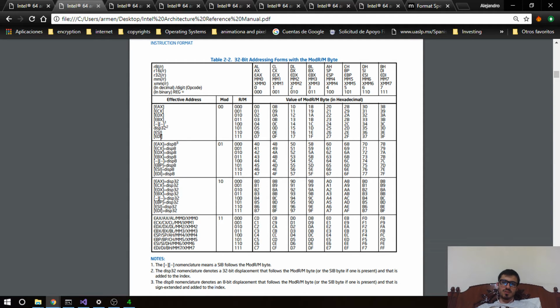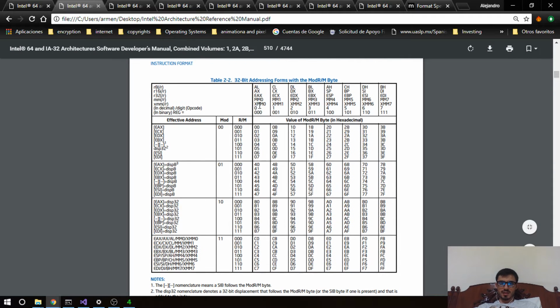And for the register, we have, let's say, a family of these ones. So what we do here normally is to select one of these values based upon that.